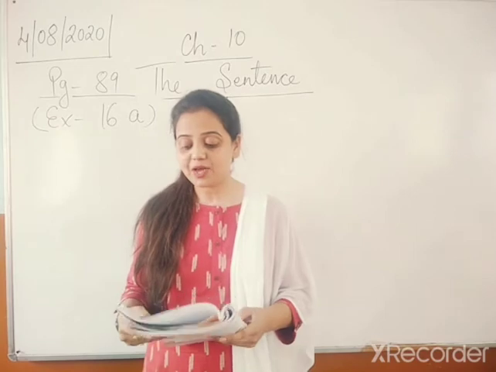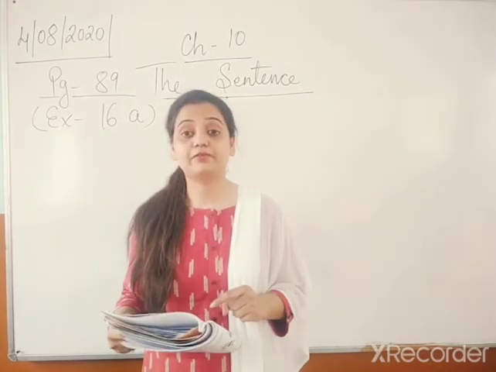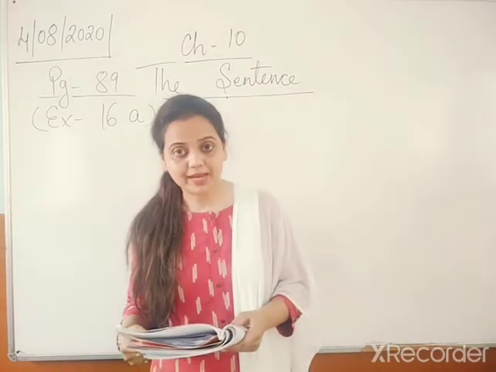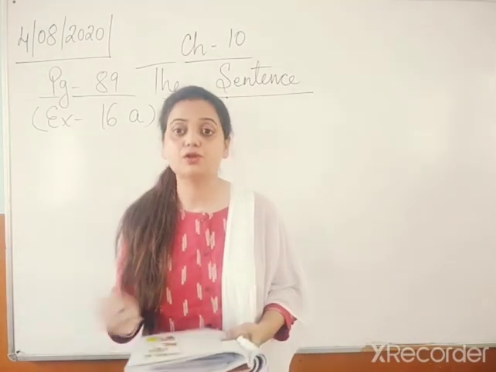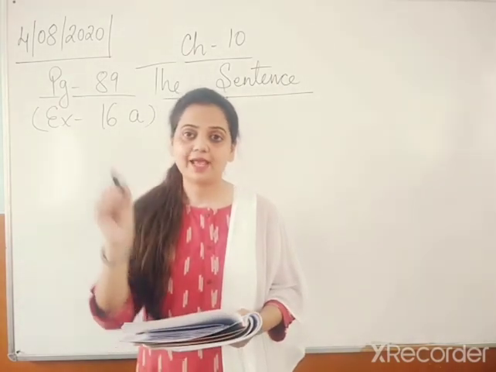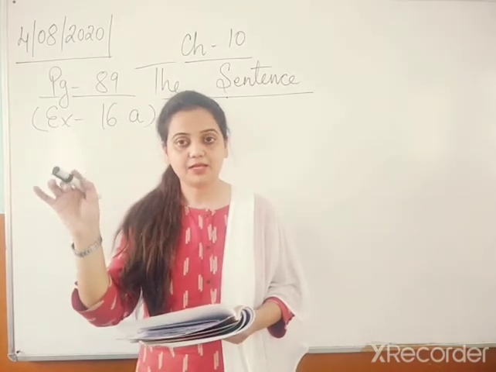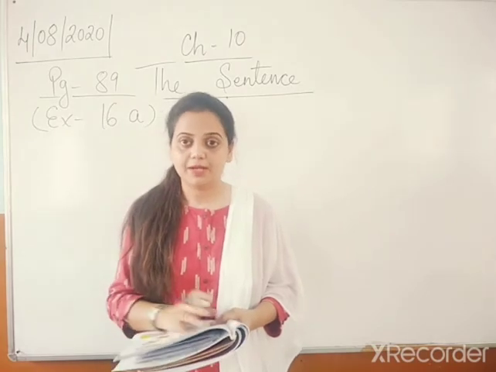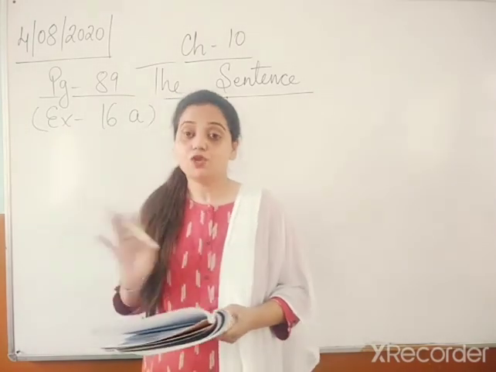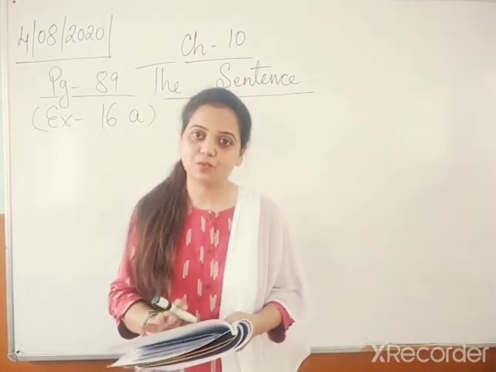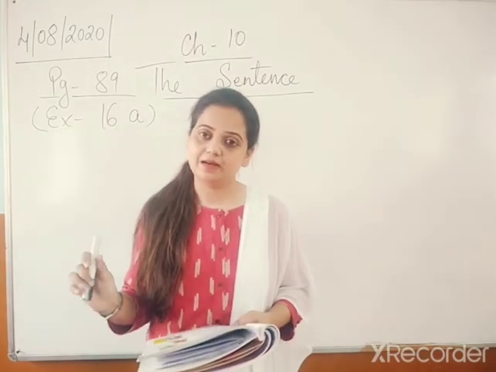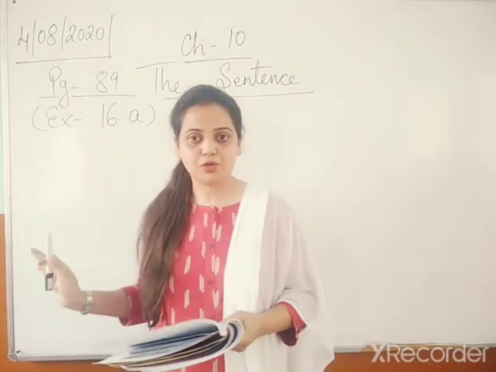So if you do not have a crayon, don't worry, you just underline and write on top of it whether it is subject, predicate, or verb, the way I am doing here. You can also use crayons if you wish. If you don't have one, you simply do it with a pencil like I am doing over here.